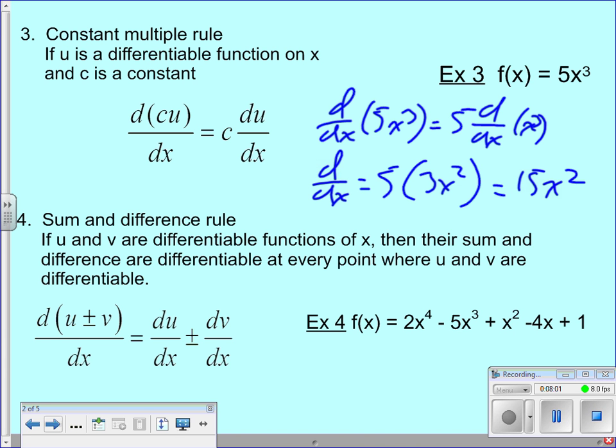Muy importante. This only works for addition, subtraction. So, for example, if f of x is 2x to the fourth minus 5x cubed plus x squared minus 4x plus 1, I just have to take the derivative of each term individually. F prime of x, the derivative of 2x to the fourth: bring the 4 down out in front, reduce the power by 1. 4 times 2 gives me 8x cubed.